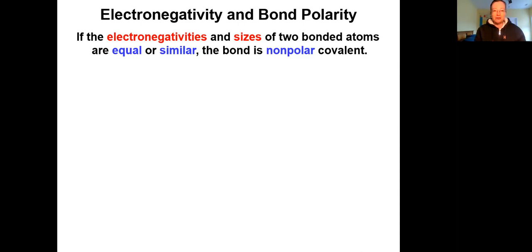If they both have a similar or exactly the same attraction for the electrons, which is based on their electronegativities and technically on their sizes too, although the textbook doesn't get into that as much, the electrons they're sharing will be shared much more equally. And so we won't have a more positive side or negative side. The electrons with their negative charge are flowing back and forth equally, no difference, nonpolar.